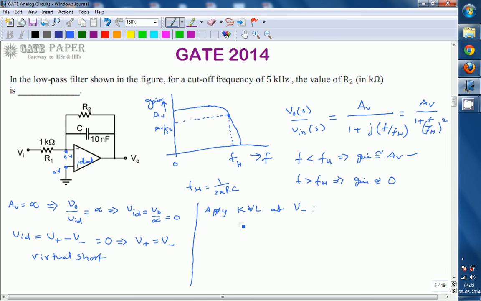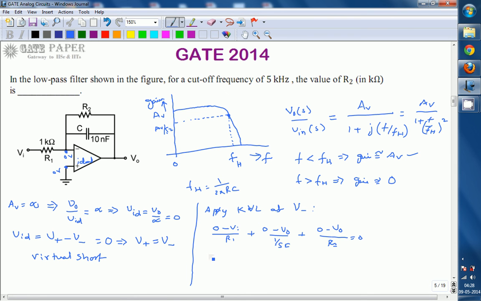We can write the equation: (0 minus Vi) divided by R1, plus (0 minus V0) divided by 1 by SC, plus (0 minus V0) divided by R2, is equal to 0.